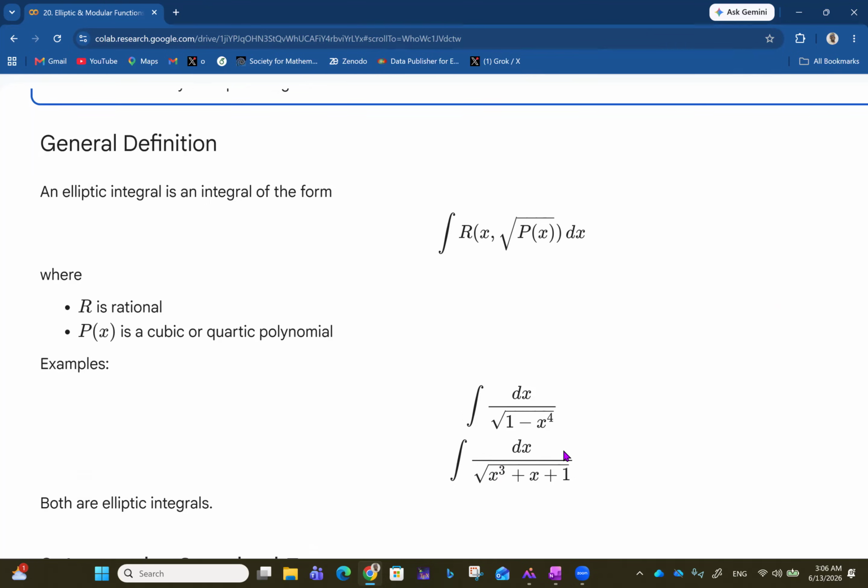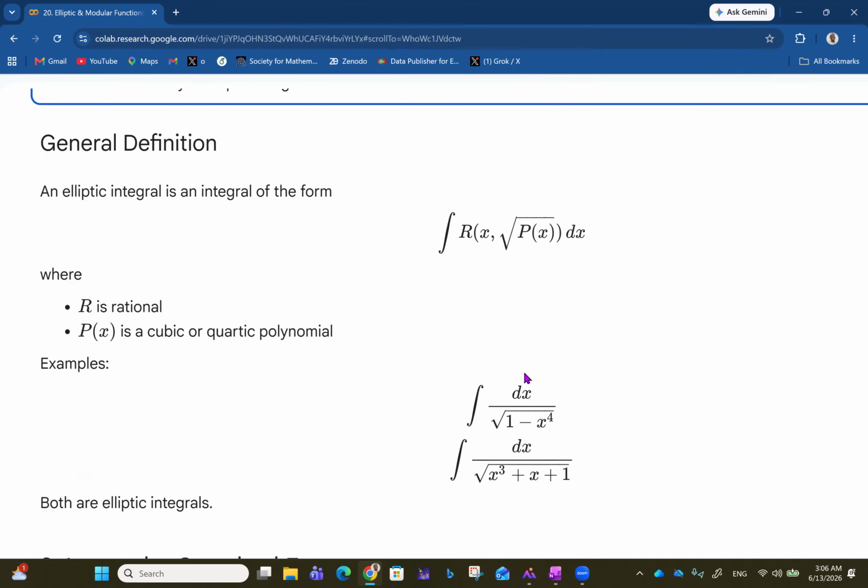The general definition: an elliptic integral is an integral of the form integral R of x, comma, square root of P of x dx, where R is rational and P of x is a cubic or quartic polynomial. Examples are the integral of dx over the square root of 1 minus x to the power 4, or the integral of dx over the square root of x cubed plus x plus 1. Both of these are considered elliptic integrals.